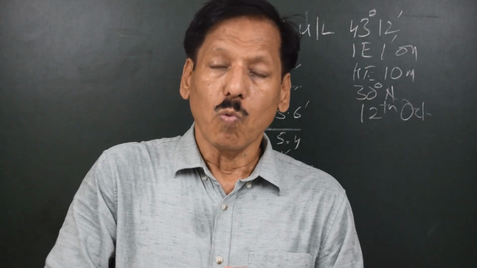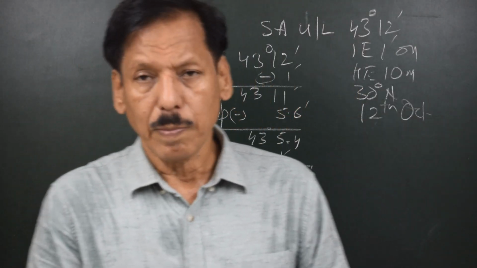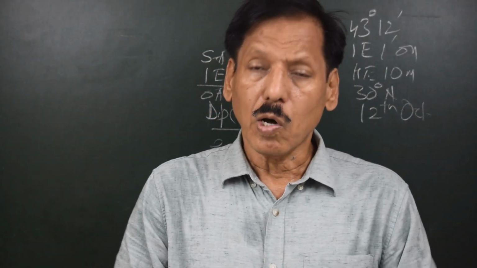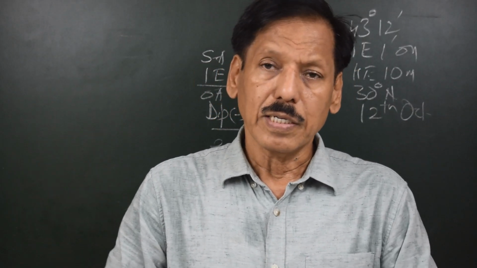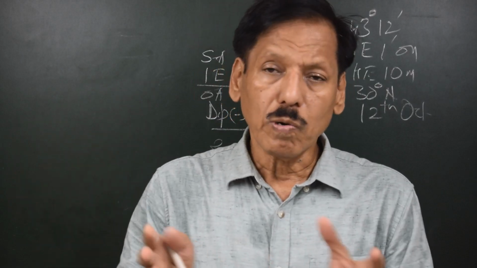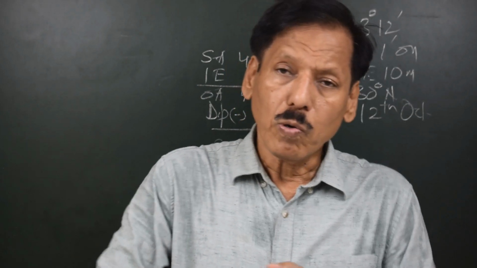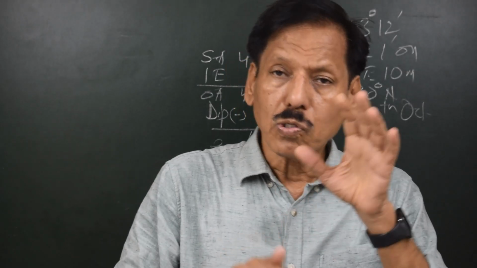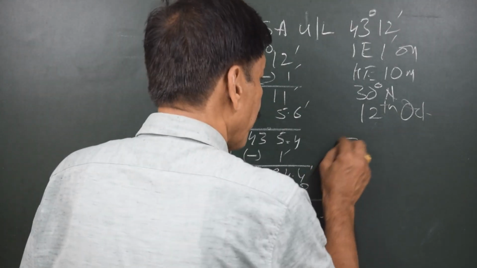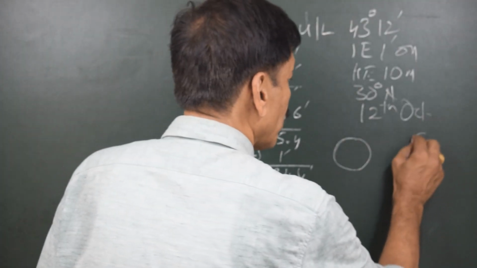If you want to find the total correction from the nautical almanac, the horizontal parallax is given, and that is the value to look at the table. You don't look at the semi-diameter. Why don't you look at the semi-diameter? Because horizontal parallax actually is a function of semi-diameter. Suppose this is the earth and this is the moon.